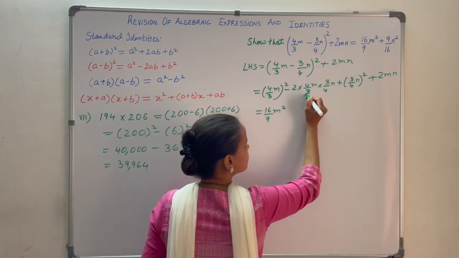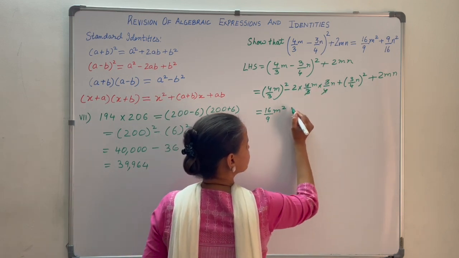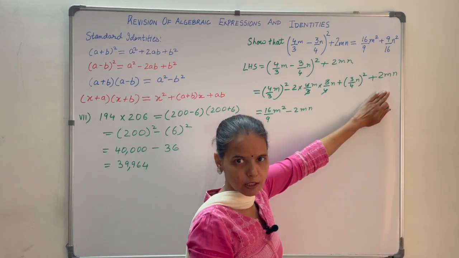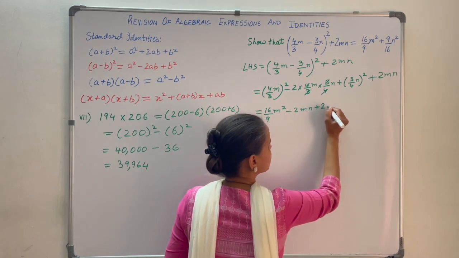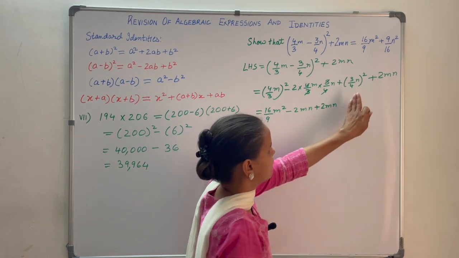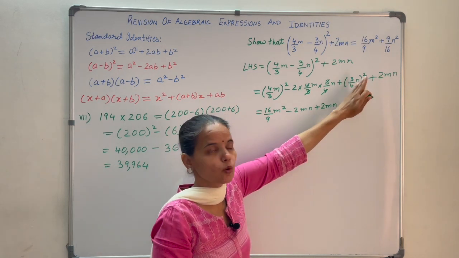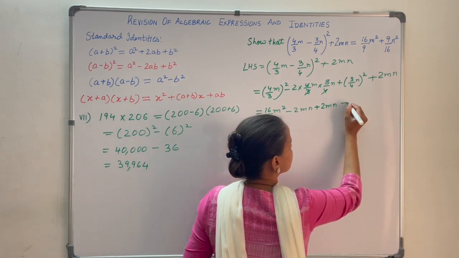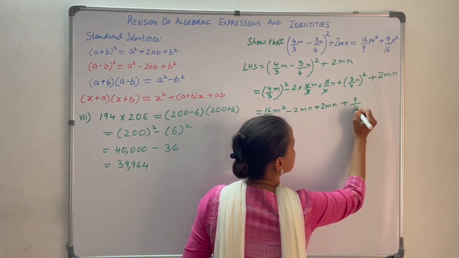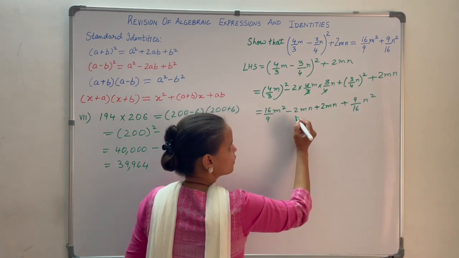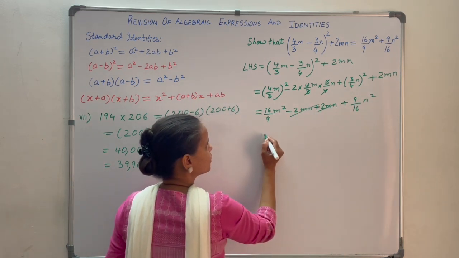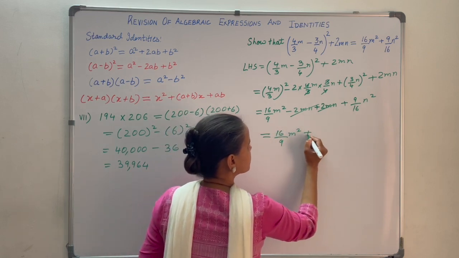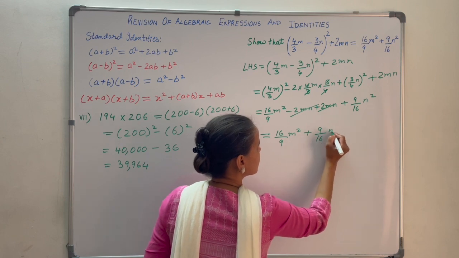And here you can cancel this and this. So what do you get here? Minus 2mn, and here you have plus 2mn. Like terms I am grouping. And then you have plus (3 by 4n) whole square. So 3 square is 9, 4 square is 16, n square. So 9 upon 16 n square. So you can cancel this. What do you get here? 16 by 9 m square plus 9 by 16 n square.